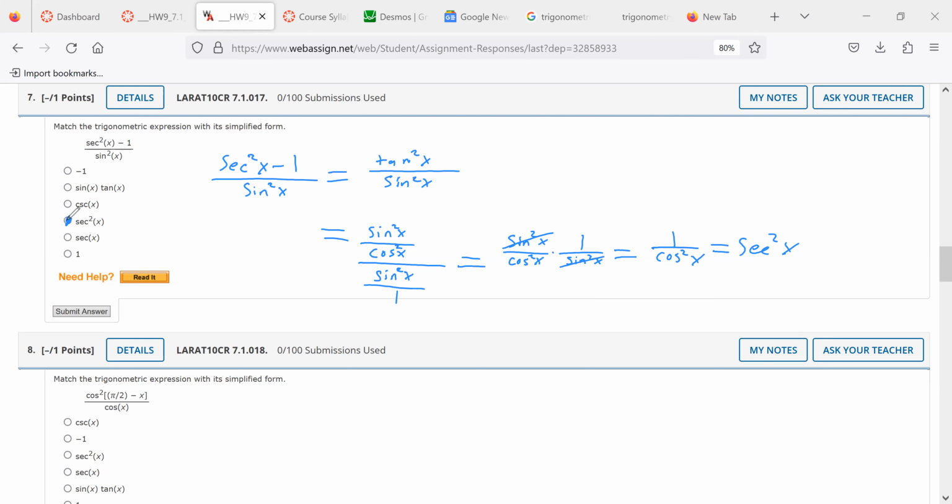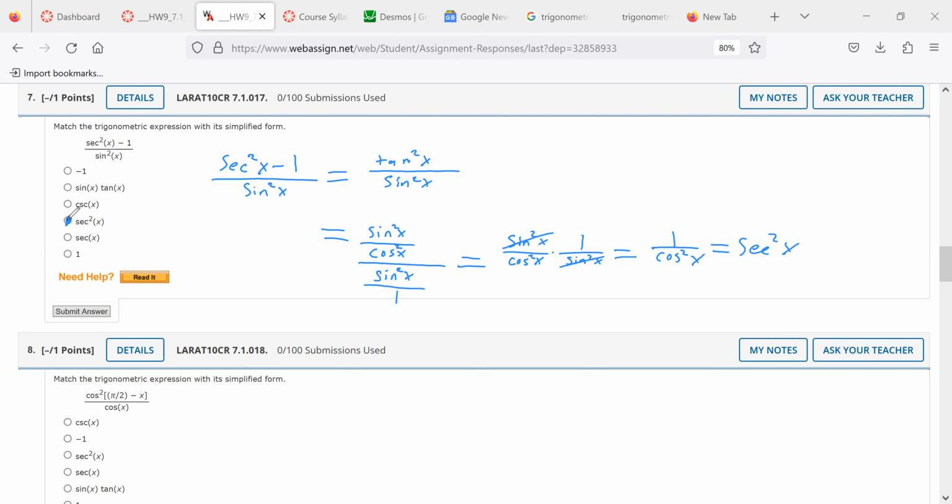So whenever you're solving these, just try to see patterns. For example, whenever I see a square minus 1 or minus another square, I think, oh, maybe the Pythagorean identities. And then I saw that it's tangent. I'm like, okay, well, maybe that tan can cancel something with the sine. And if it doesn't work out, just start over and try something else.